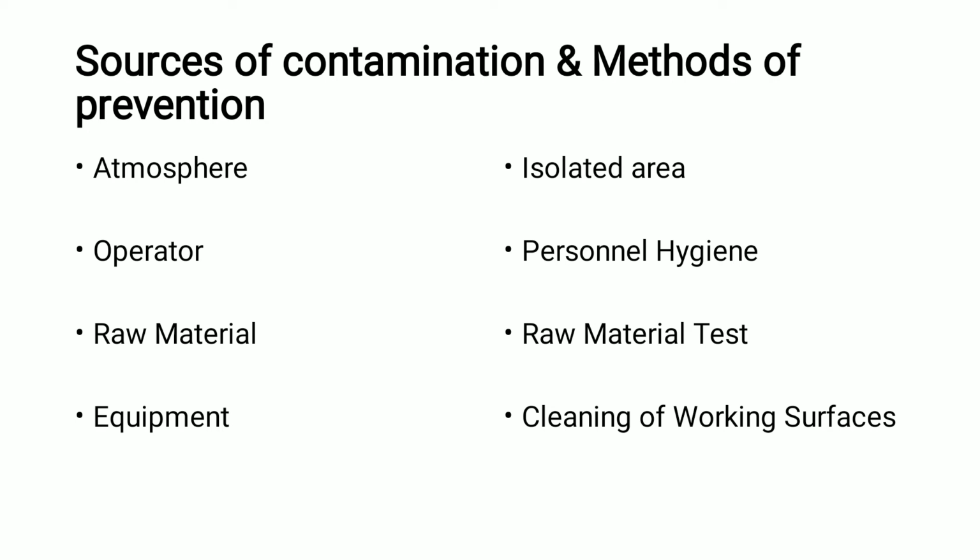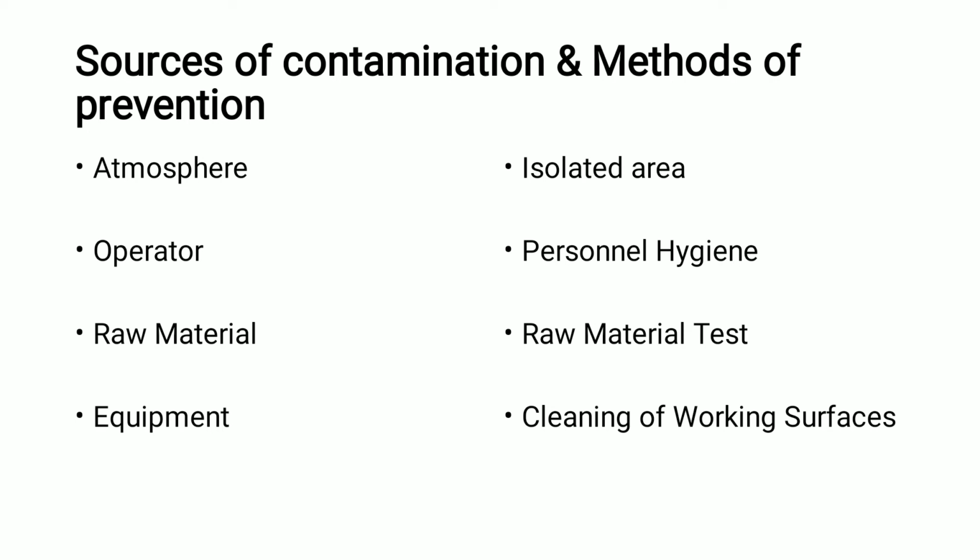So considering the development of an aseptic area, we find out what the atmosphere nearby should be, what the environmental condition nearby should be, and based on that we decide this should be the location for the development of an aseptic area.